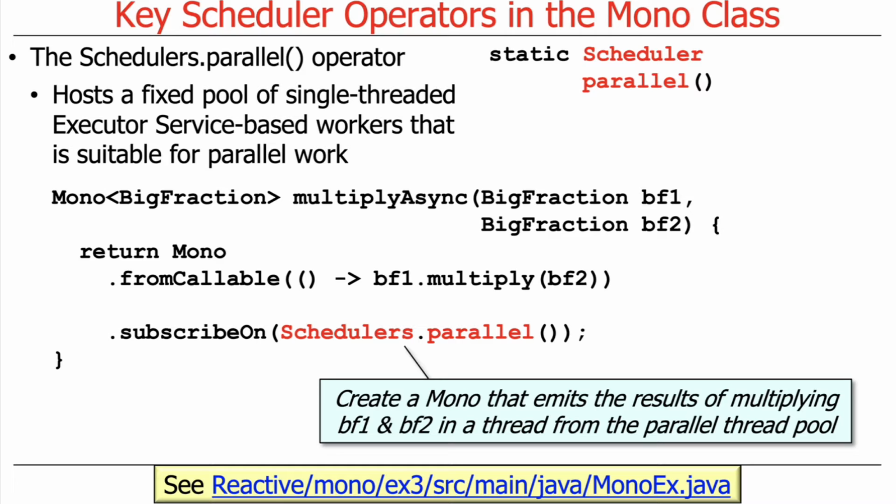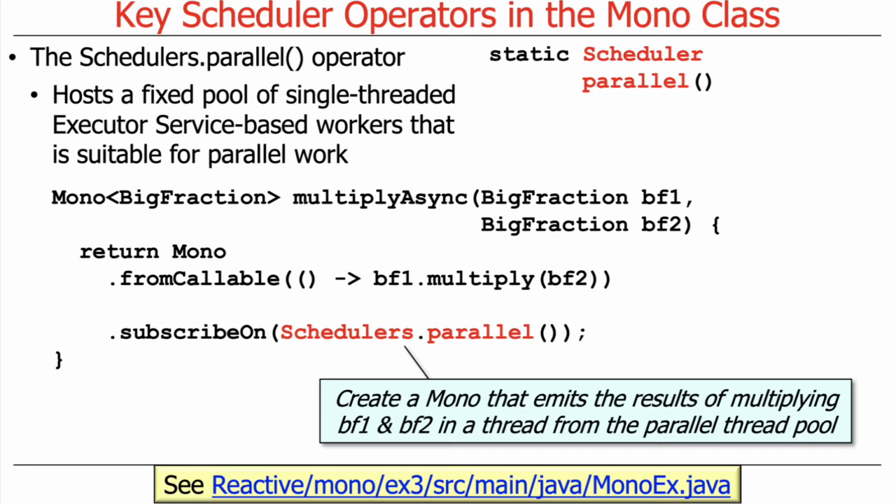So you can see here we have a method called multiplyAsync, which we'll take a closer look at when we get into our case study walkthrough shortly. And you can see it goes ahead and will take two BigFraction parameters and arrange to run them in a background thread. So we use subscribeOn to say run this thing in a background thread, and we give it the Schedulers.parallel scheduler, which says run this in a pool of threads.